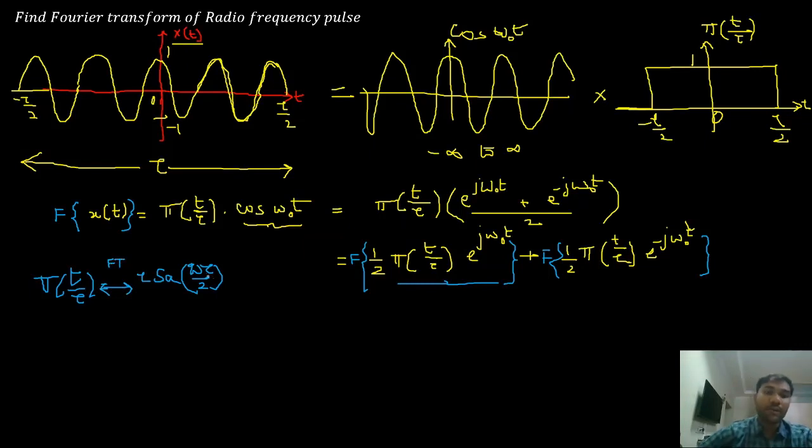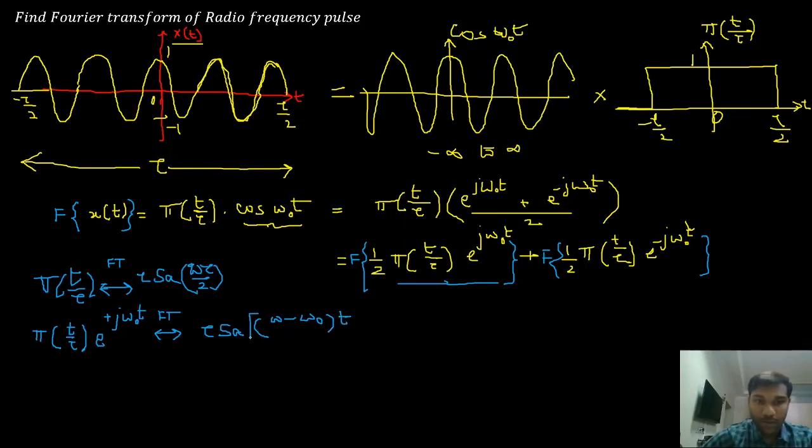Now according to the frequency shifting property, pi of t by tau into e power plus j omega naught t will have the Fourier transform, which is nothing but a shifted version of this Fourier transform, that is tau sampling omega minus omega naught into tau by 2.